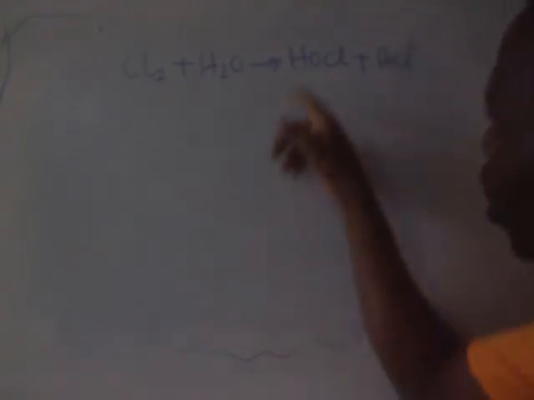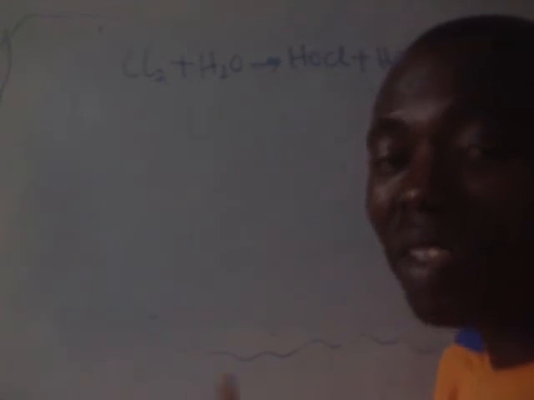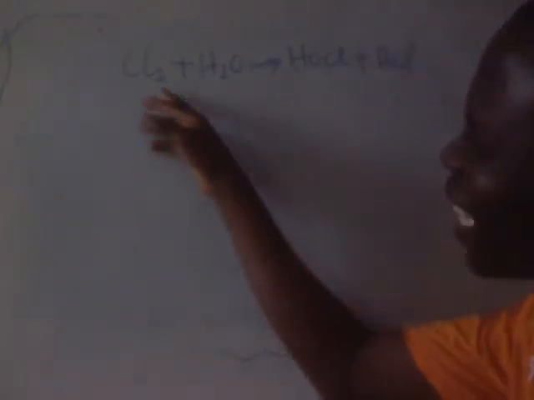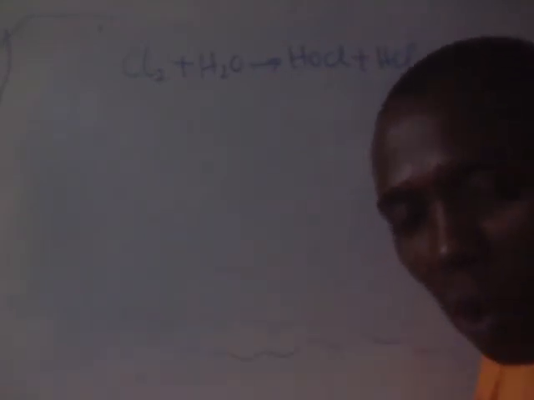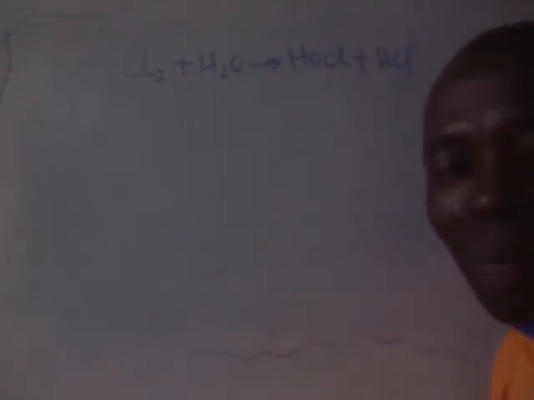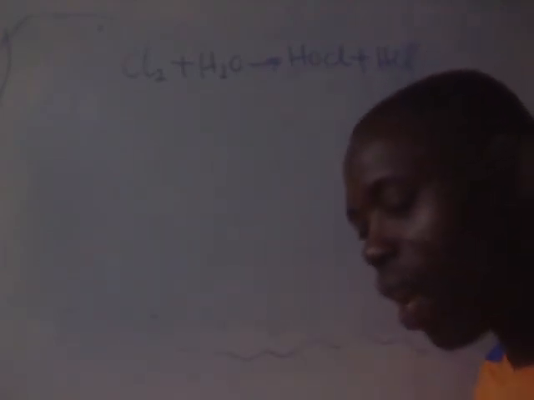Hypochlorous acid, HOCl, is responsible for that bleaching action. It is not directly chlorine gas when you look at it very well. We attribute it to chlorine gas, but when you look at the chemical reaction that has taken place, you know that it's HOCl that is performing that function.